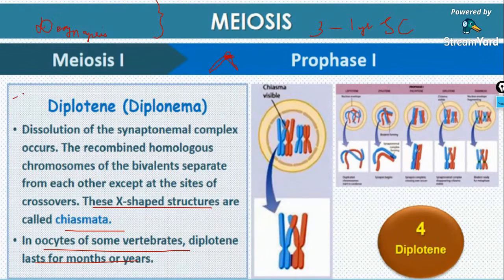Such a stage is known as the suspended diplotene or dictyotene. Clear with that? Diplotene is the longest stage in prophase 1.